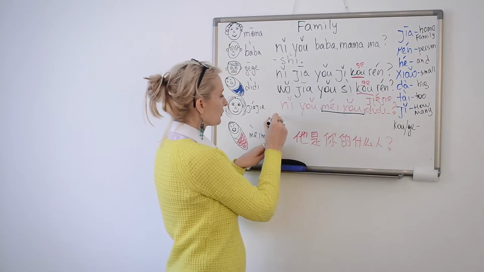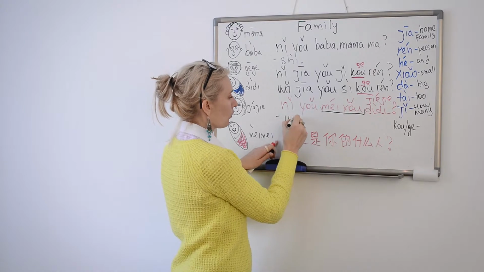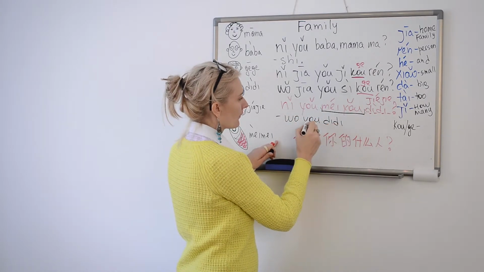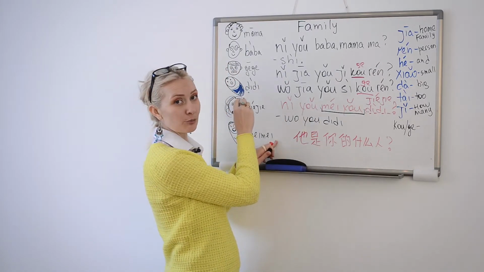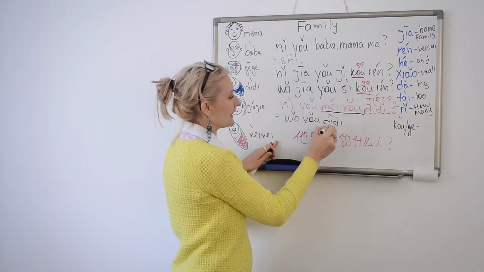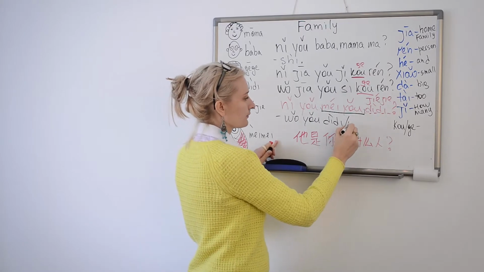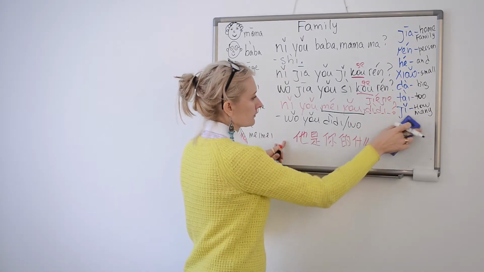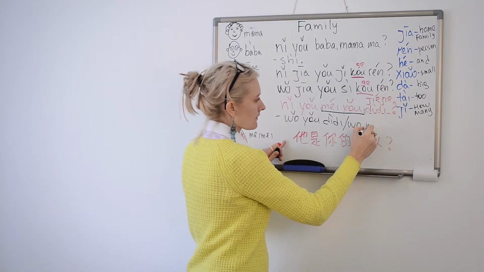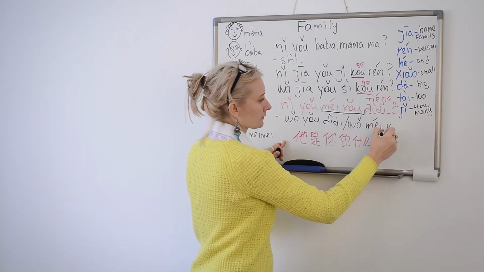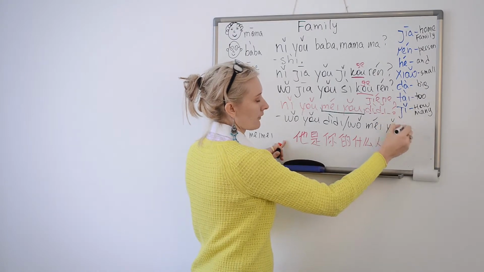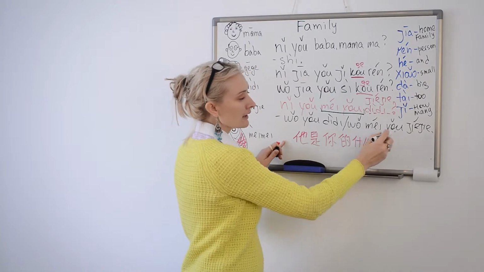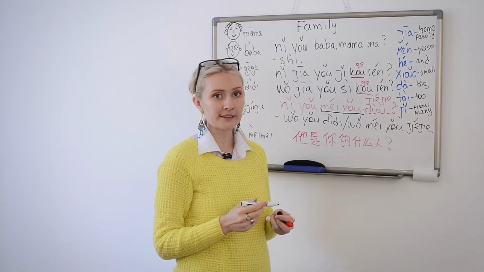So your answer will be the positive 我有, let's say 弟弟, the younger brother, 我有弟弟, or for example 我没有姐姐. I don't have an older sister.